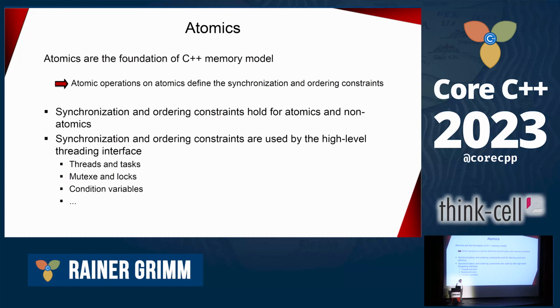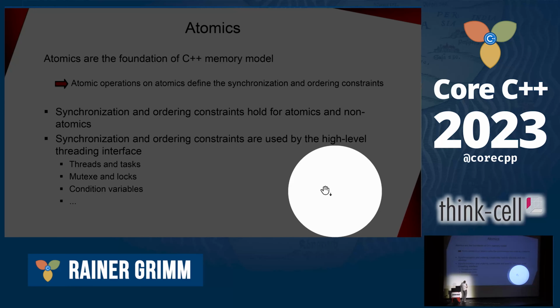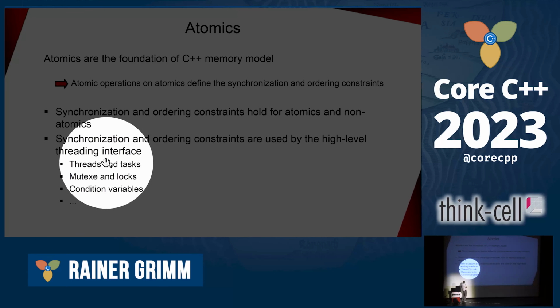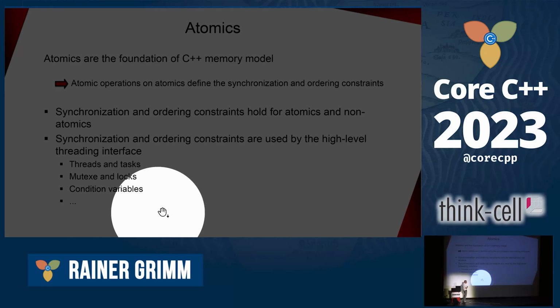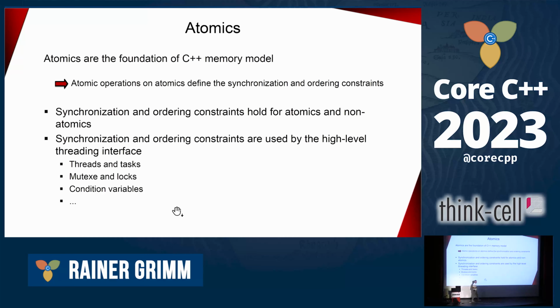And therefore always when you do stuff like threads, tasks, mutexes and locks, condition variables, under the hood atomics are running, making this thing thread safe when you do it right. So the basis of all is atomics.